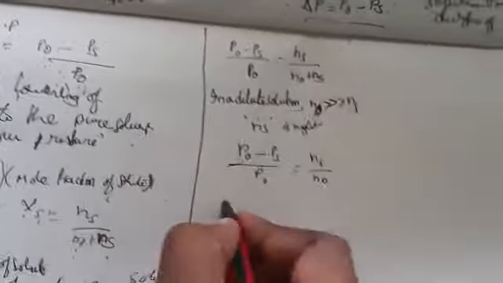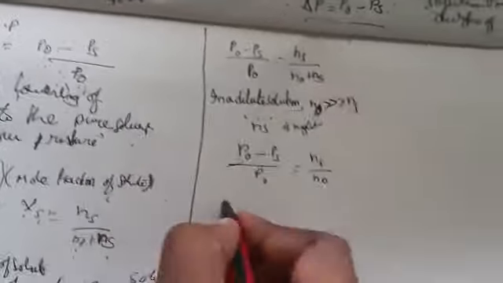Where Ns is the number of moles of solute. What is the formula for number of moles of solute? Weight by gram molecular weight, A by M. A indicates weight of solute, M indicates gram molecular weight of solute.